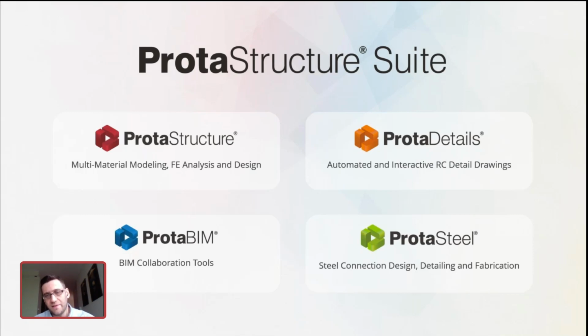If you have steel members, then you can create your steel connections in ProtaSteel, and you can generate your fabrication details. With ProtaBIM, you can share your model with other BIM platforms, especially Revit, which is one of the main BIM platforms in this case.